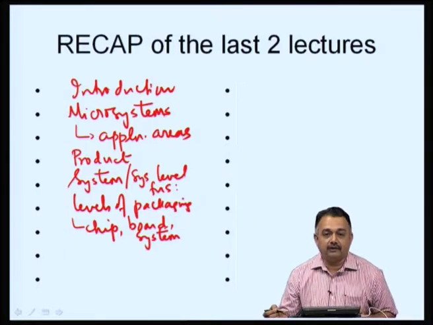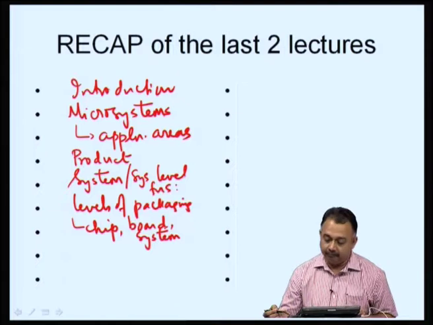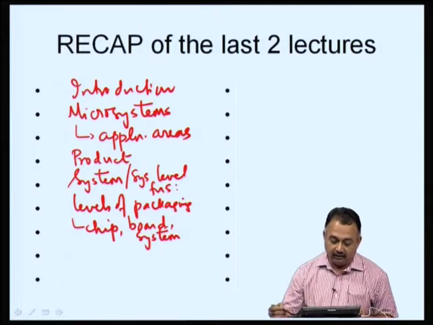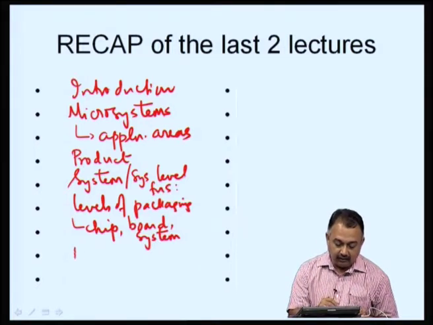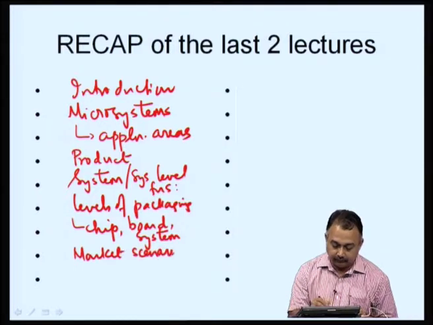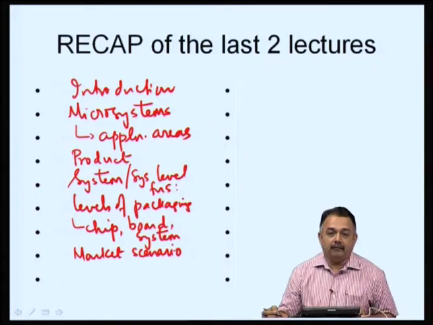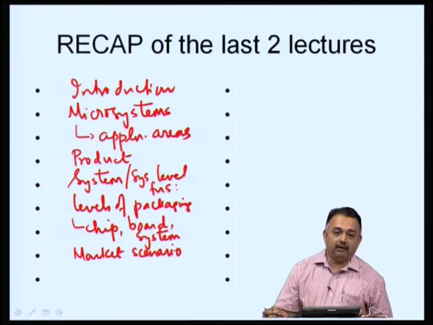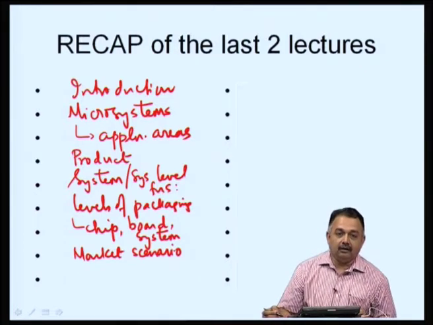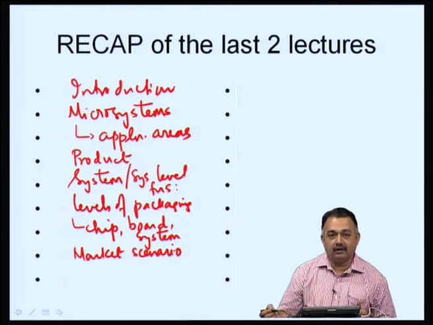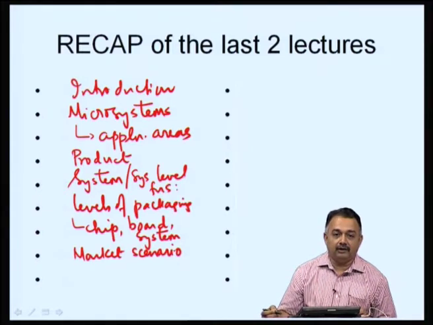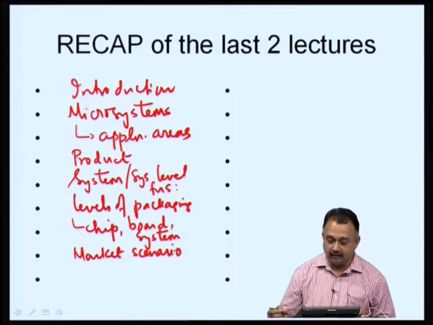Of course, we are going to see these terms in much more detail. Then we have seen the market scenario, right. We have seen globally the impact of packaging on the economic growth of individual countries and market share in various application areas.